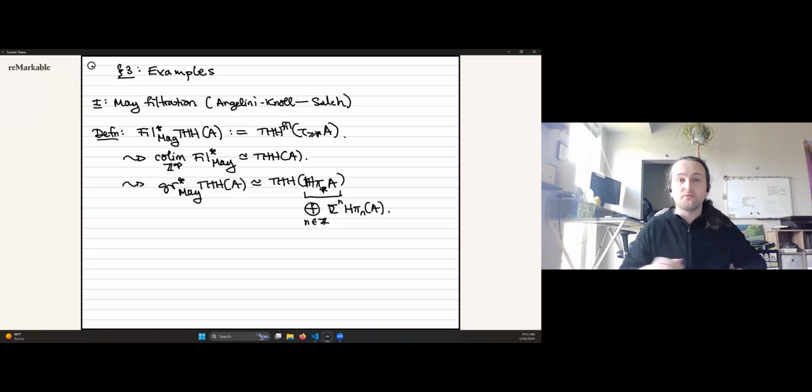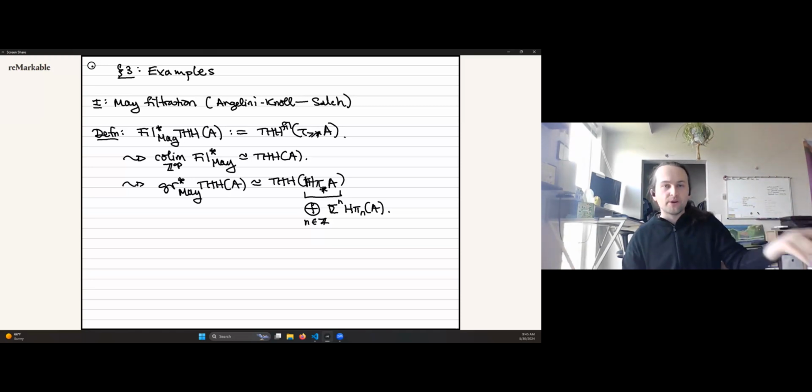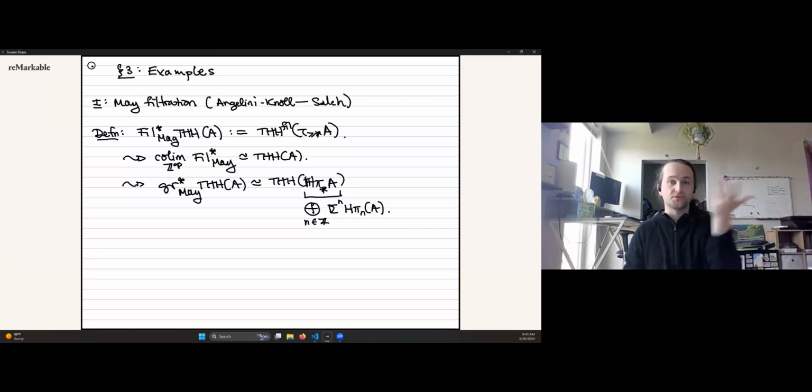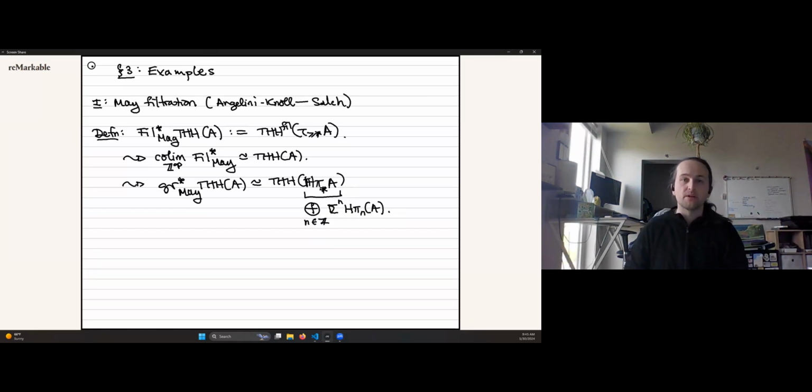Basically, by some of the stuff we already said, the Whitehead tower is lax symmetric monoidal, and passing to associated graded is also symmetric monoidal. And so this induces a ring structure on the generalized Eilenberg-MacLane spectrum associated to A.